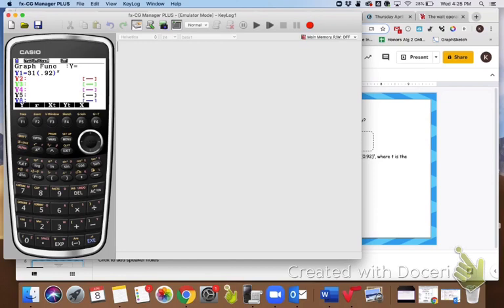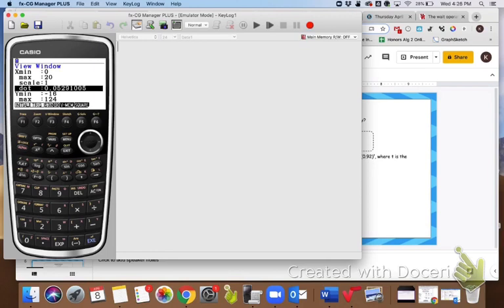All right, so I have my equation plugged in. After I do this, I'm going to get a good window just to make sure I can see this picture a little bit more clearly. So I'm going to go to Shift and F3 to look at my window. Let's remember what X is standing for. X is standing for our number of years. So I'm going to keep X min as 0. I'm going to have my X max, let's just go with 20, just to make sure I can see enough of this.